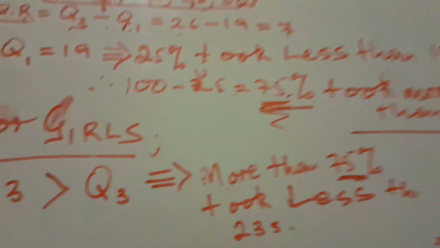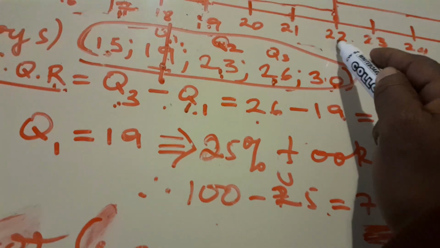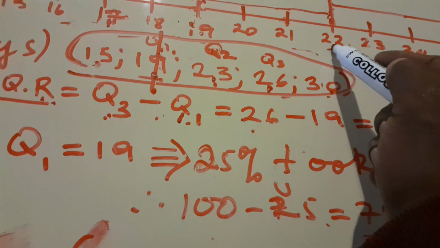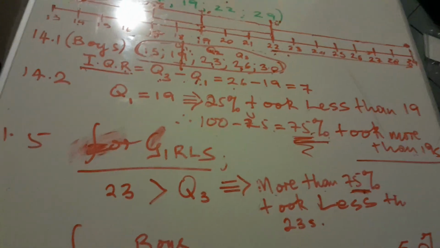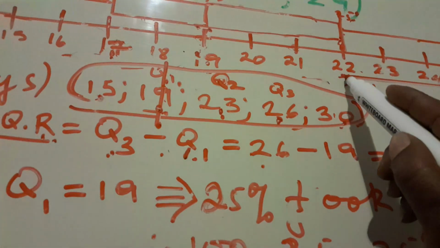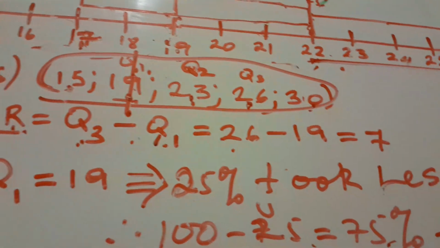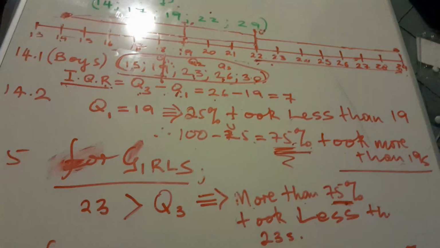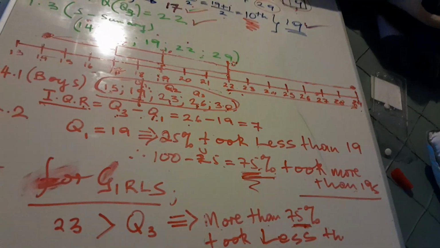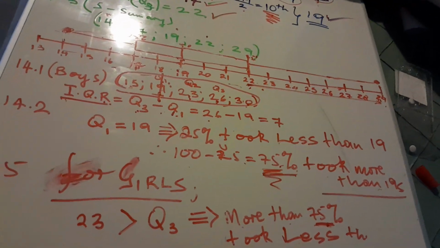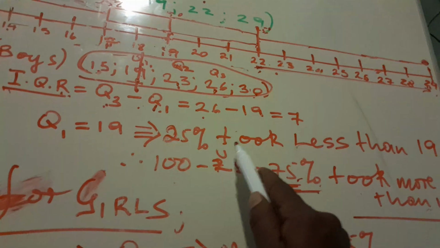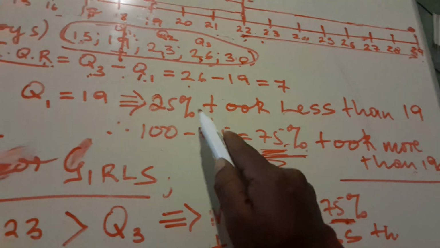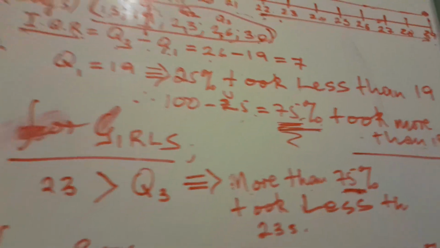So all the people, in other words, 75%, did the time between 22 and 29.